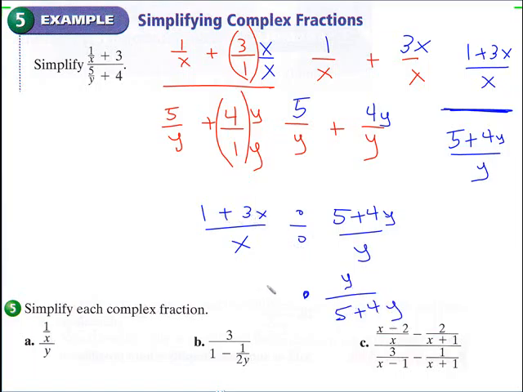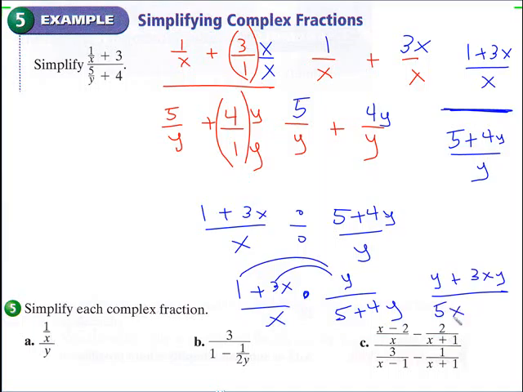This remains the same, 1 plus 3x over x. Then you just multiply everything, so you distribute the y here and end up with y plus 3xy. Over here, you end up with 5x plus 4xy. There aren't any terms to cancel out. Remember, you can't just cancel the y and the y here because this is one whole term. So this will be your final answer right here.